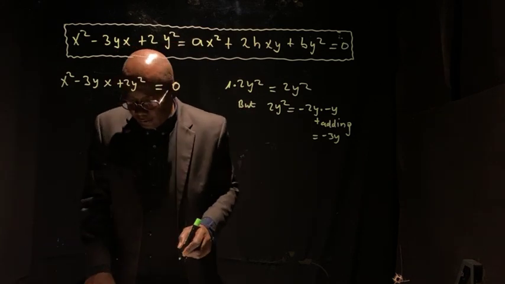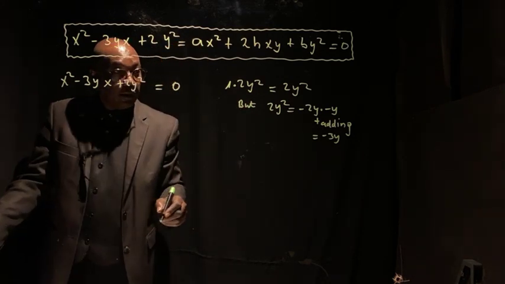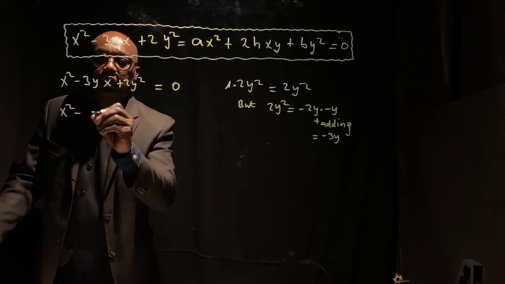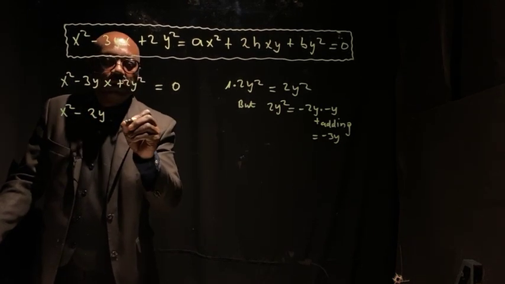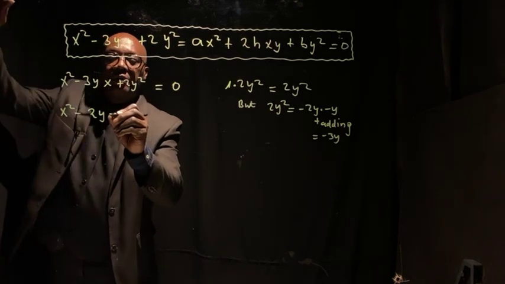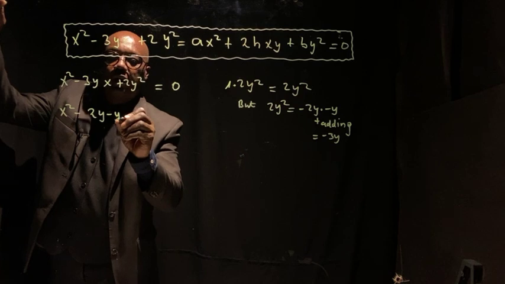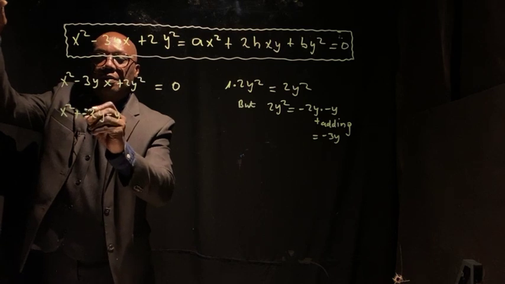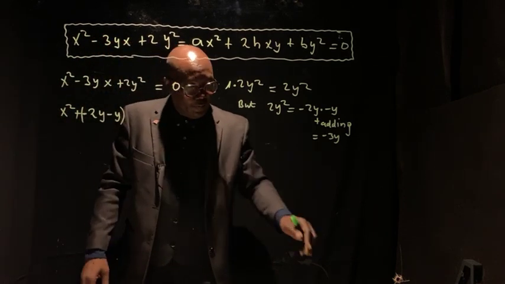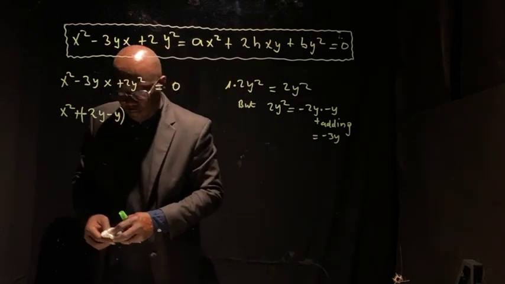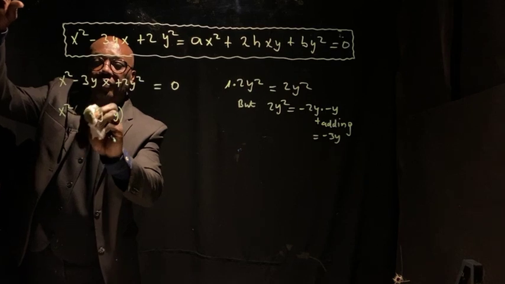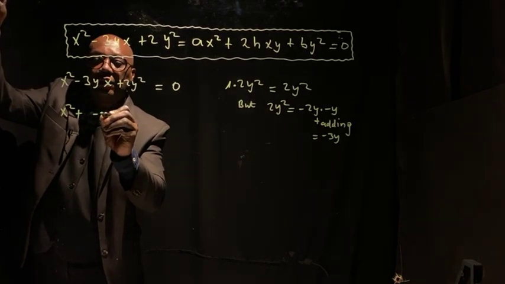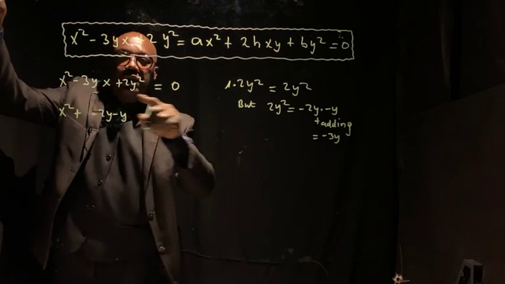So we make it x squared minus, instead of 3y, we put 2y plus y, that is minus 2y minus y, which is this one.